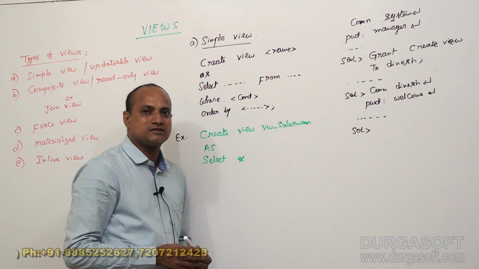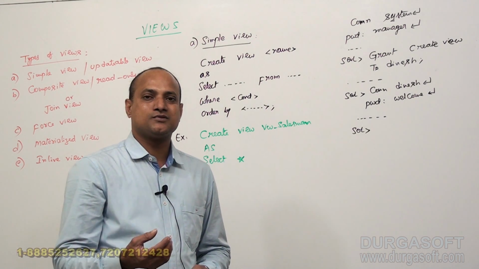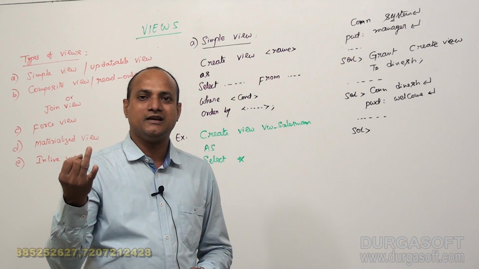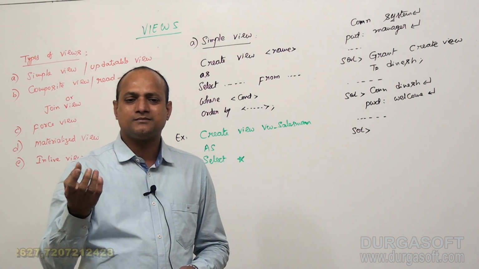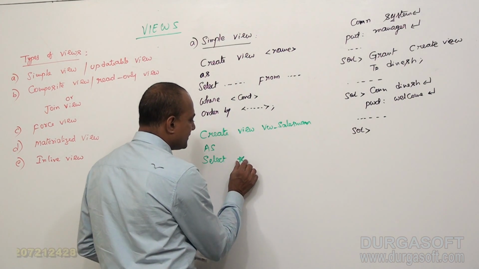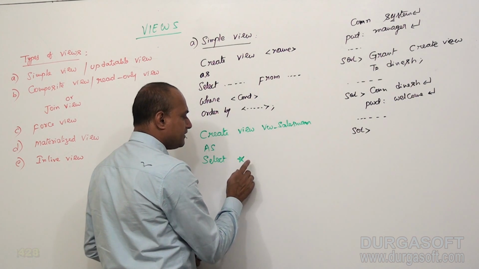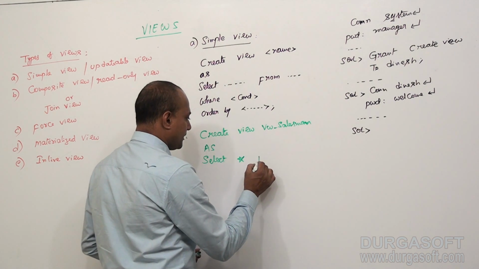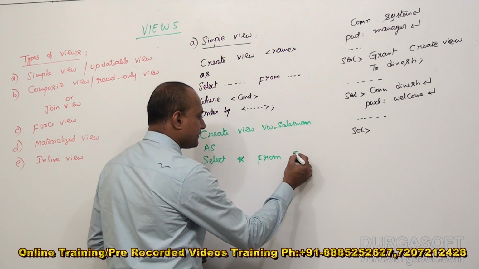Suppose you want employee ID, employee name, salary, job, and some required column data only, then specify only the required column names. From what table?